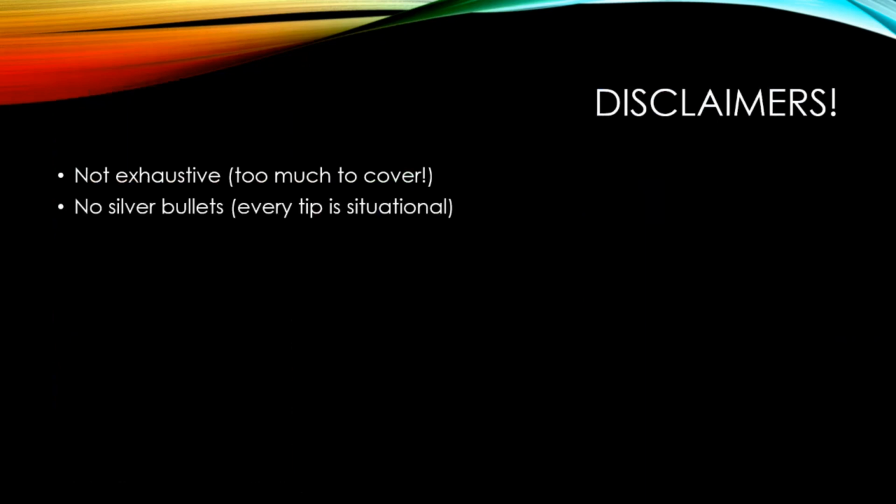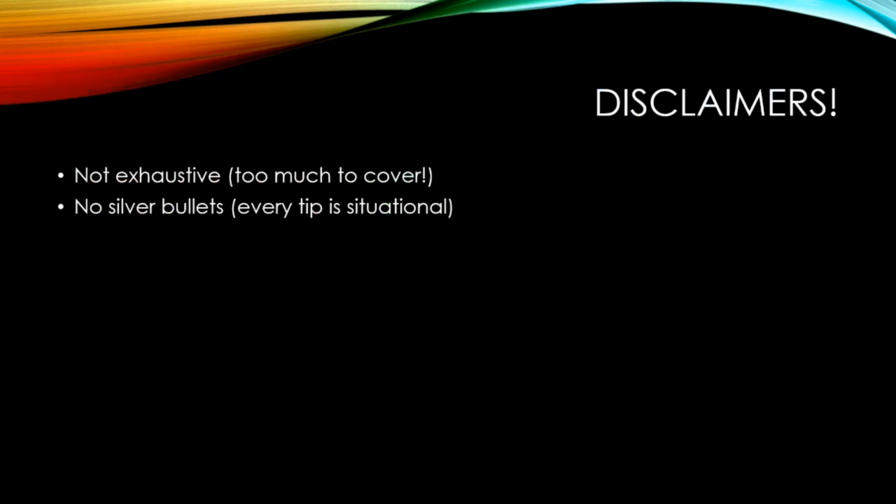Some disclaimers. This is not an exhaustive coverage of rapid prototyping as a concept. It's a huge topic. There's way more than I could fit into one presentation, but I think it's some stuff that people often miss, so I wanted to highlight these strategies. There are no silver bullets. Every tip, strategy, trick, whatever is situational.